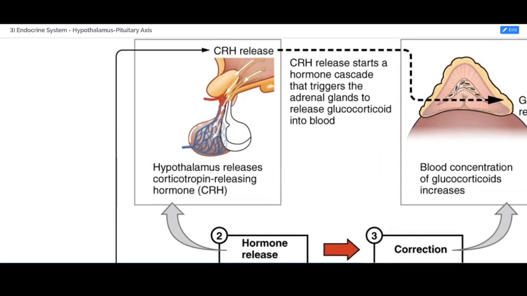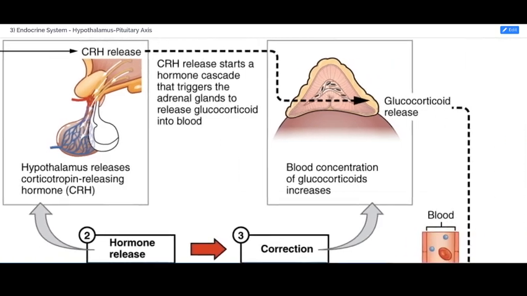That imbalance, signaled by the sensors in the system, will stimulate the hypothalamus to release a regulatory hormone, in this case corticotropin-releasing hormone, or CRH. That's going to get into the bloodstream through the hypophyseal portal system and travel a very short distance to where its target cells are found in the anterior pituitary gland.